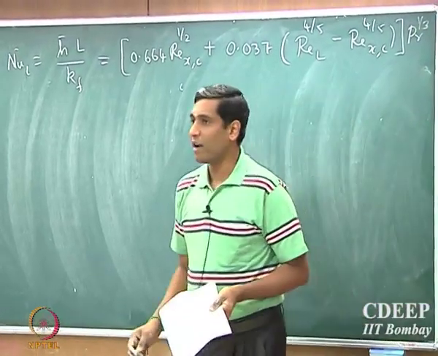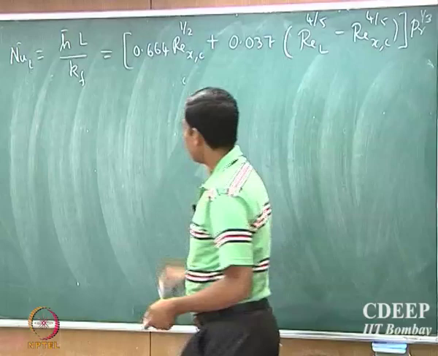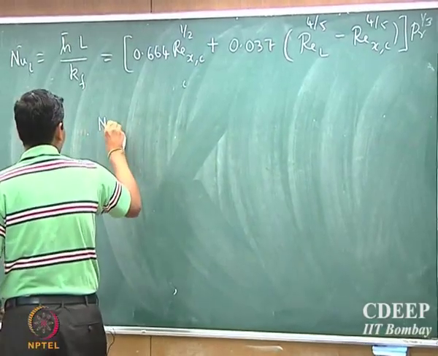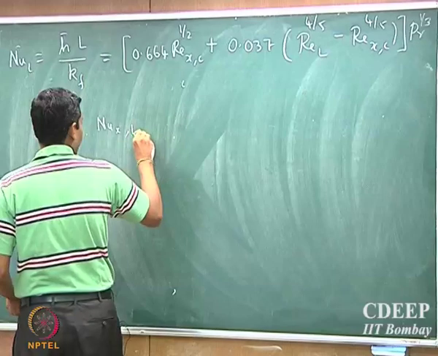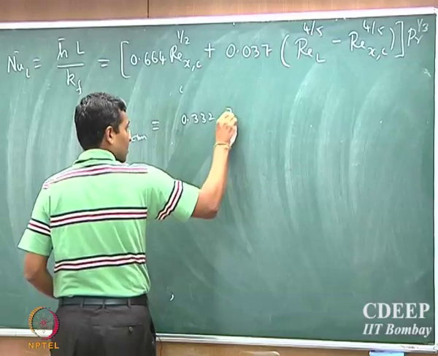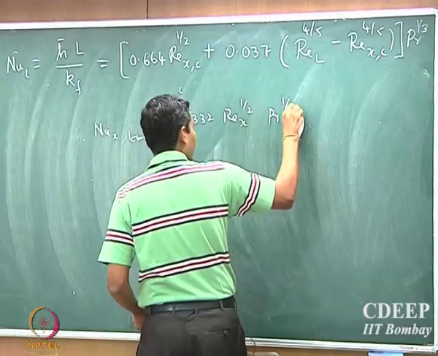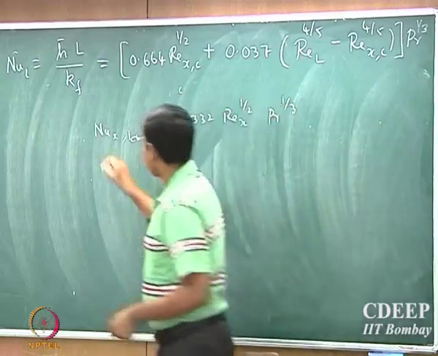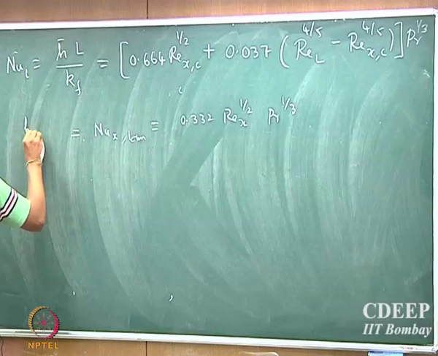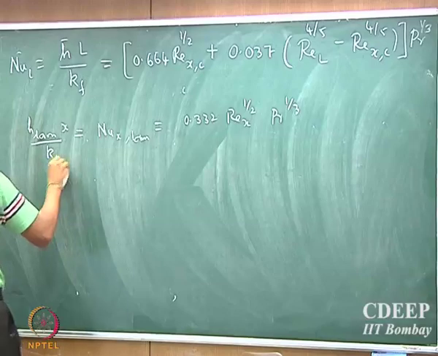So all I have done is I have taken the expression for the local Nusselt number, that is Nu laminar, 0.332 Rex Prandtl to the power of 1 by 3. So this is nothing but h laminar into x by Kf.